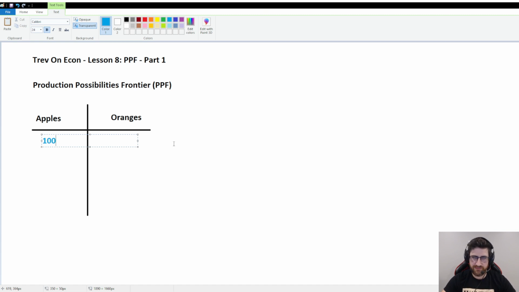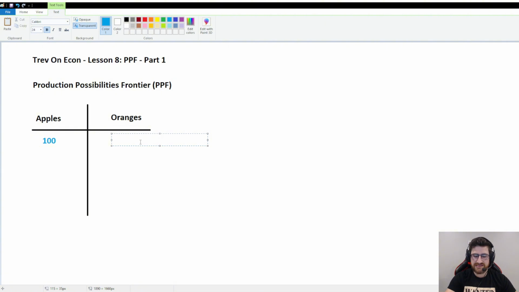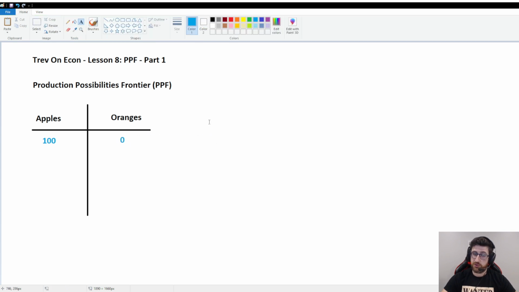They're completely made up to make my life easy. But if I'm using everything on apples, that necessarily means that for oranges, I just don't get any. All right. This is a very extreme case where I have the option to make both, and I'm just saying I don't care about one of them. Make all of the apples. Totally valid, though. This is something you can do.